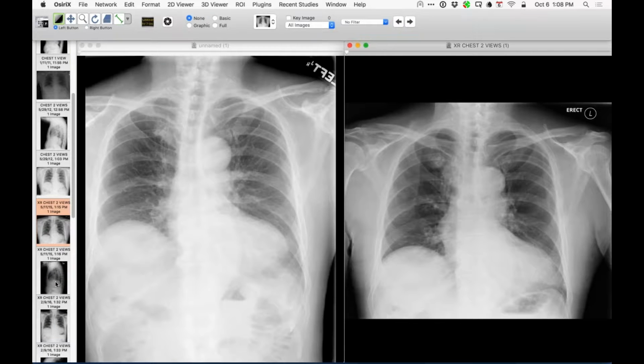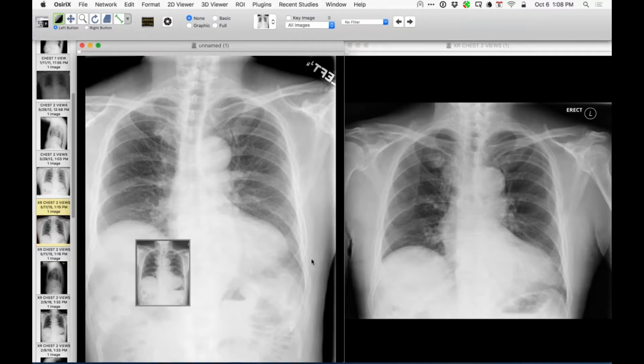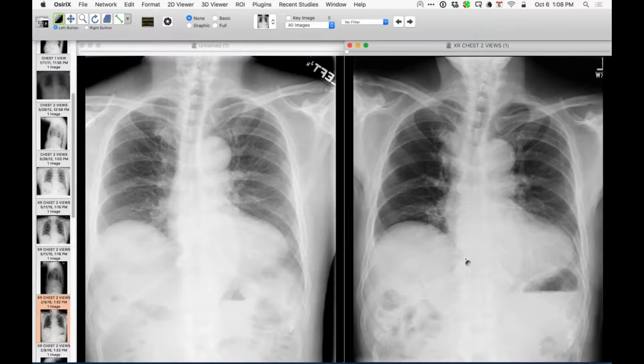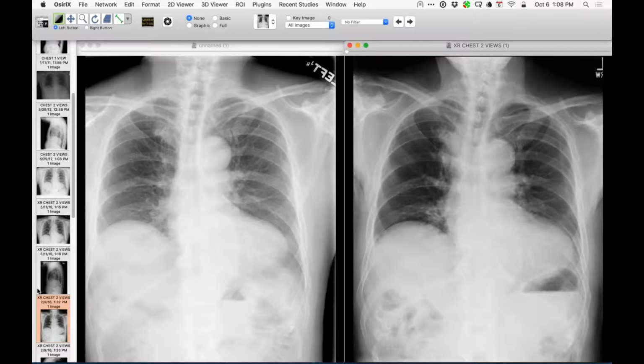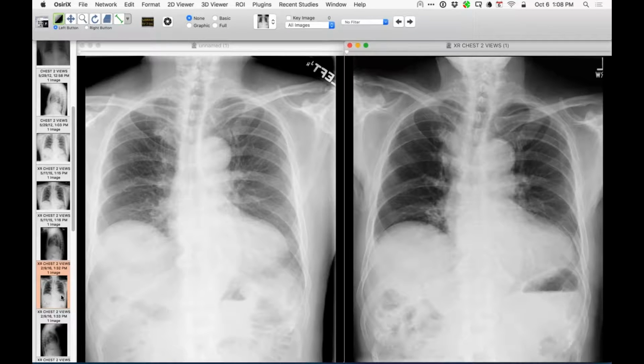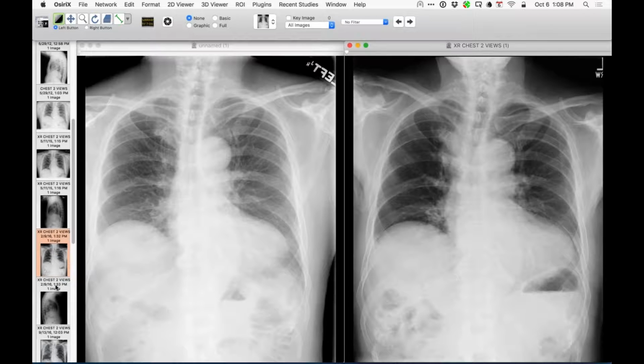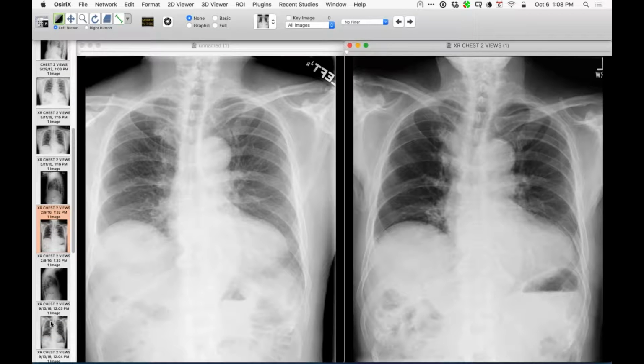Forward in time now to February of this year, which is here. Give you a moment to look at that. And I will tell you that so far, no one raised the possibility of a lesion.